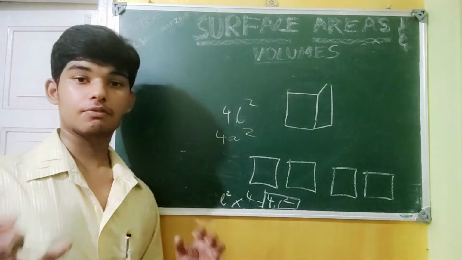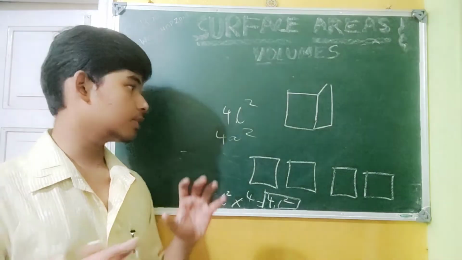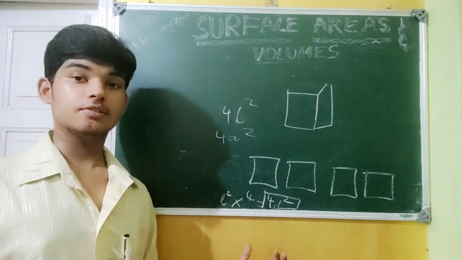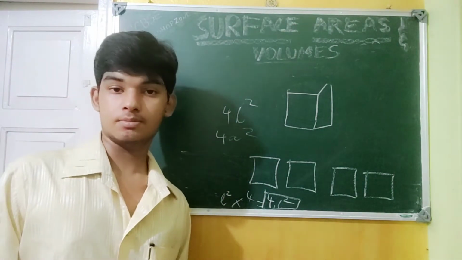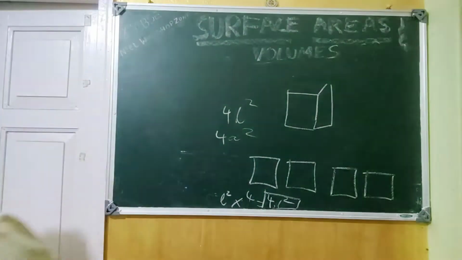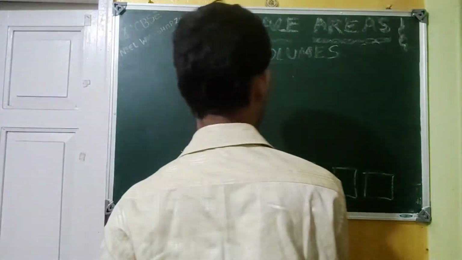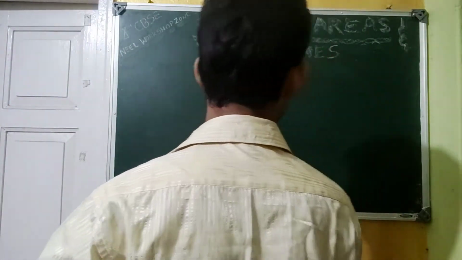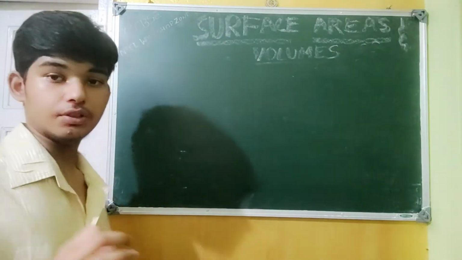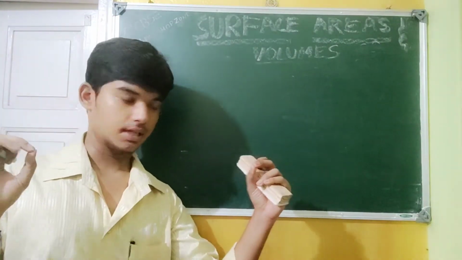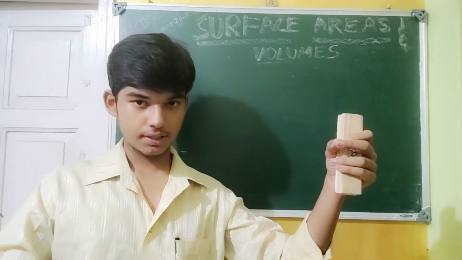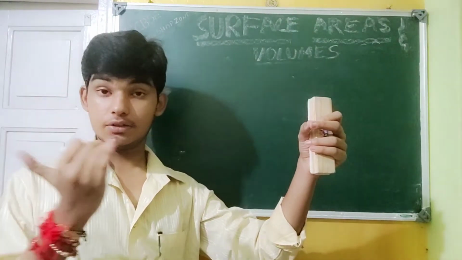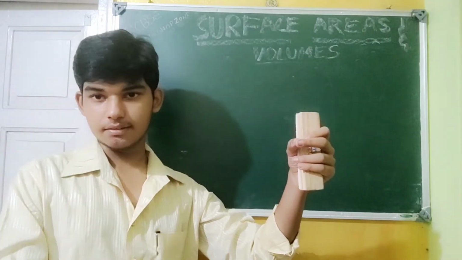So this is how we can find out the total surface area and the curved surface area of a cube. Now let's talk about how we can find out the volume of a cube. Basically, if you take a thin sheet of paper, to find out its surface area, you need to multiply length into breadth, or side into side.